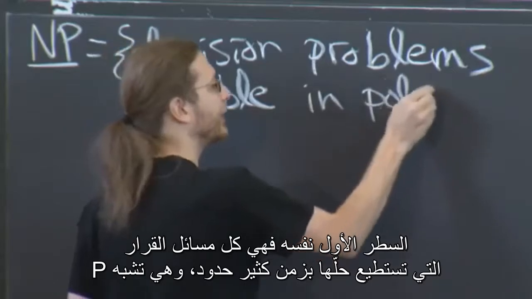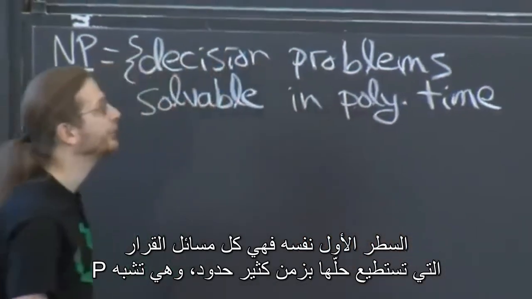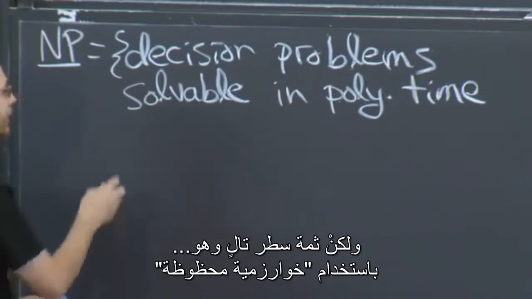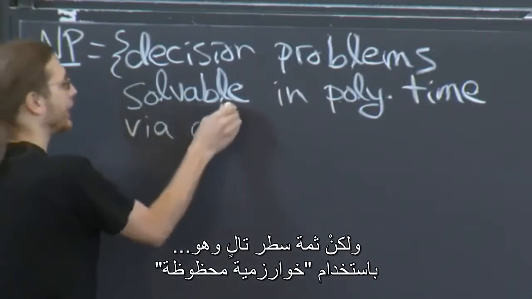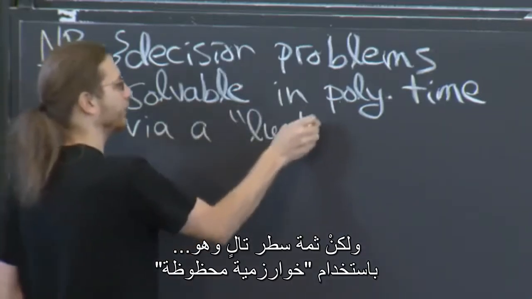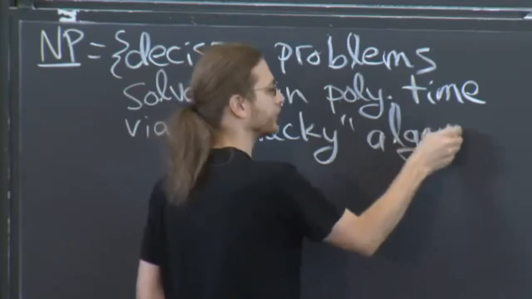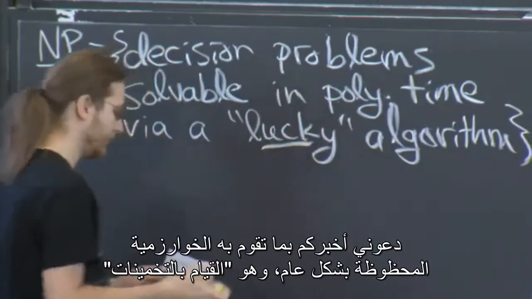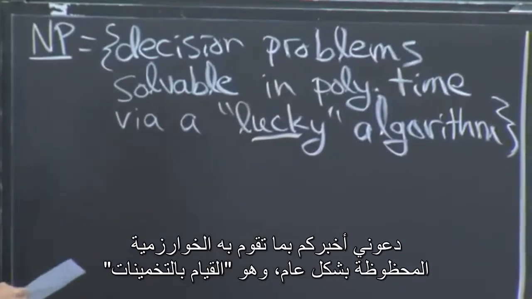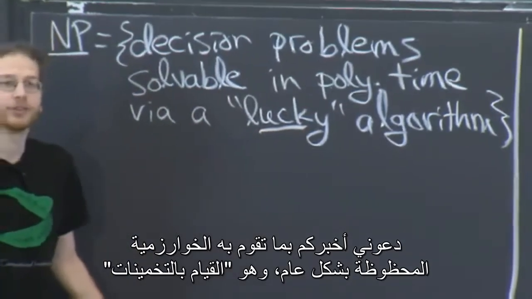The first line is the same. It's all decision problems you can solve in polynomial time. That sounds like P. But then there's this extra line, which is via a lucky algorithm. Let me tell you, at a high level, what a lucky algorithm does is it can make guesses.